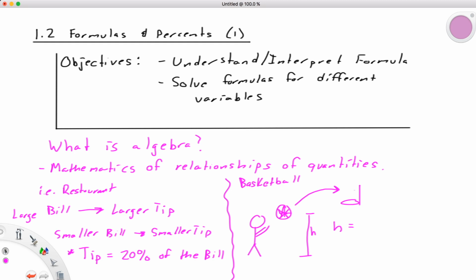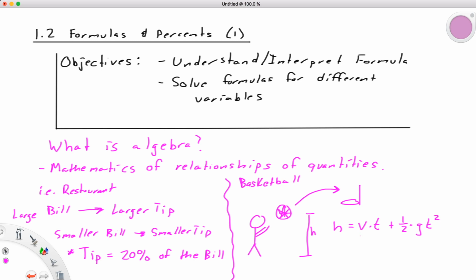In this case in particular, that's going to look like h is equal to v, for velocity, as in the speed that they're throwing it, times t, time, how long it's been since they've thrown it, plus 1/2 times g, for the acceleration due to gravity, times t squared.